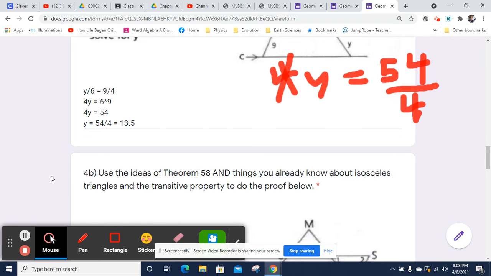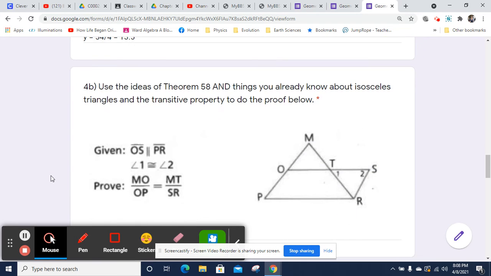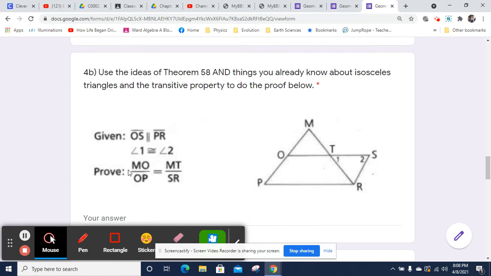Now, the next one's a little more proofy, so let's take a look, but it's still basically the same idea. In this case, we're trying to prove that MO is to OP as MT is to SR. Well, we know OS is parallel to PR, and what that tells us is that we have parallel lines.